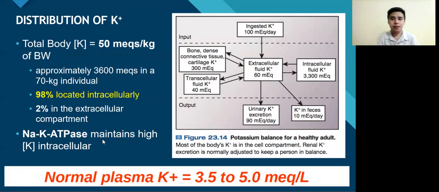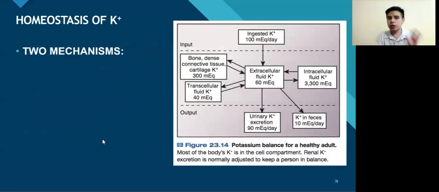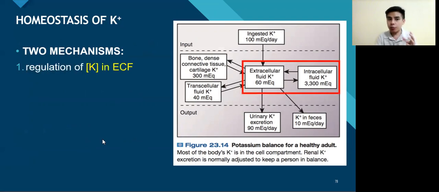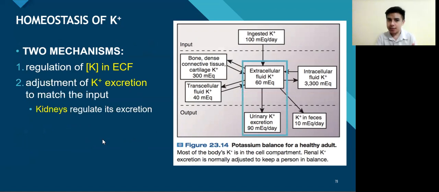There are two mechanisms for making sure that the extracellular potassium is within the normal limits, 3.5 to 5.0. One is regulating the potassium in the ECF, meaning there are three hormones important for keeping the potassium in the ECF within 3.5 to 5.0. On the other hand, the kidneys can adjust.